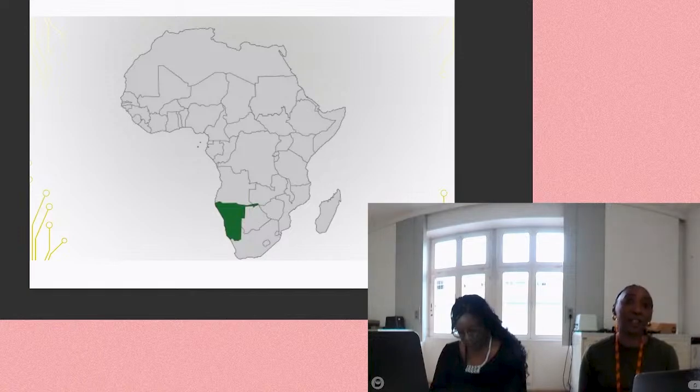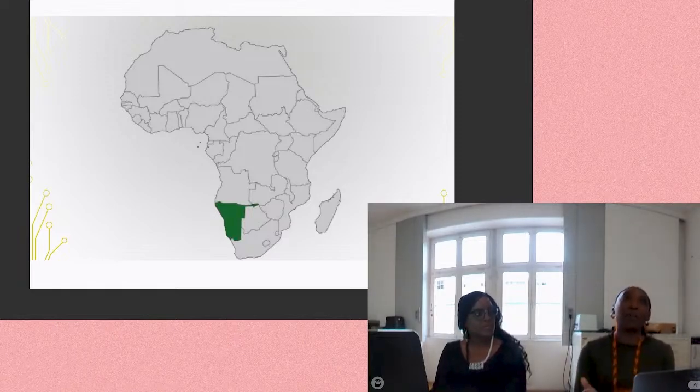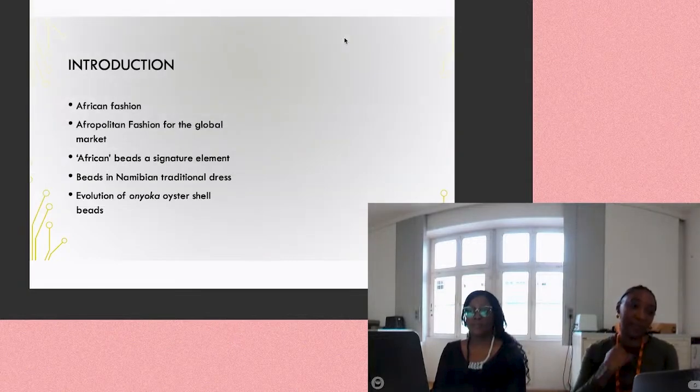Although they might use the same type of material and the same elements, each group translates it in their own way. I think beading is one element that shows us how people can work with the same thing, but translate it and make it their own identity.